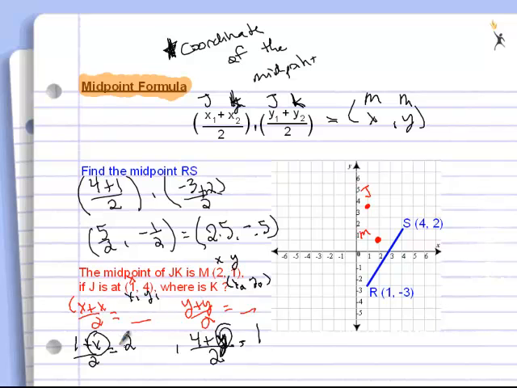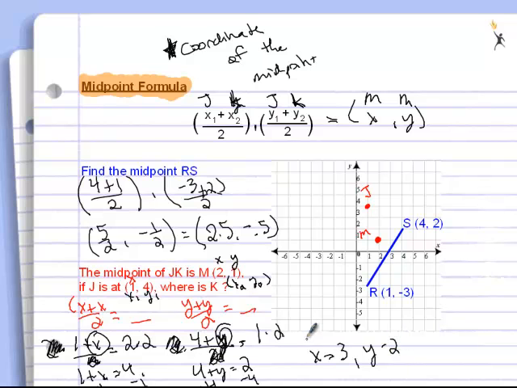Now I'm going to use my algebra. I'm going to multiply both sides by 2. When I do that, the 2's cancel out, and I'm left with 1 plus x equals 4, and 4 plus y equals 2. Now if I subtract what I'm adding to x and y, like 1 over there and 4 over here, I get x equals 4 minus 1, which is 3, y equals 2 minus 4, which is a negative 2.